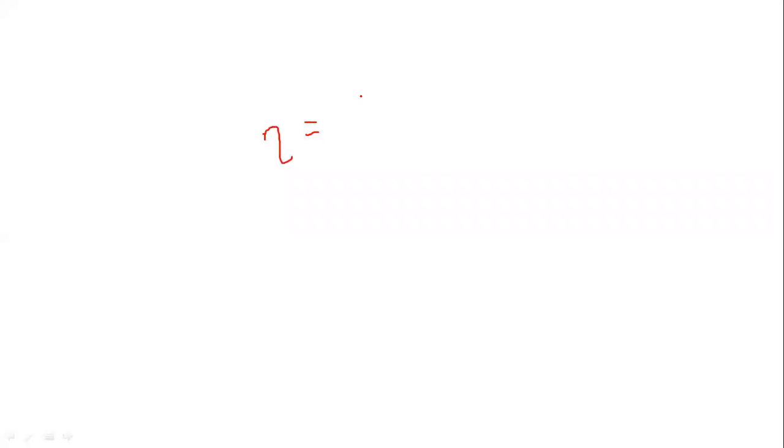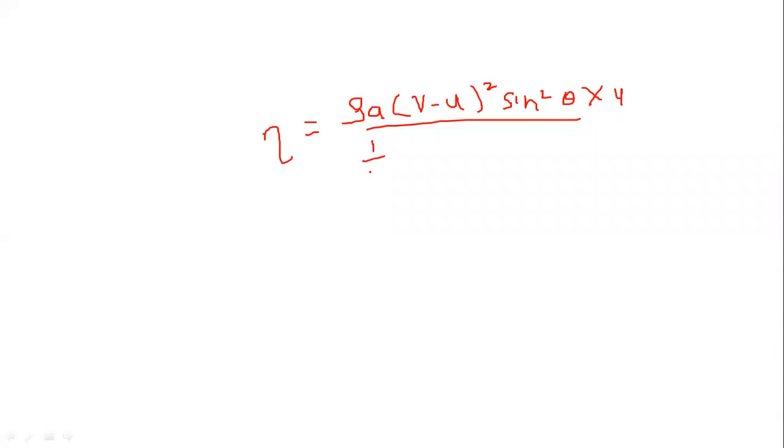Efficiency will be here, output is rho A (V minus U) whole bracket square sine square theta into U. That is the work done. And what is the input? Half into mv square. M is mass, rho A (V minus U), mass per second, into velocity square, that is capital V square.